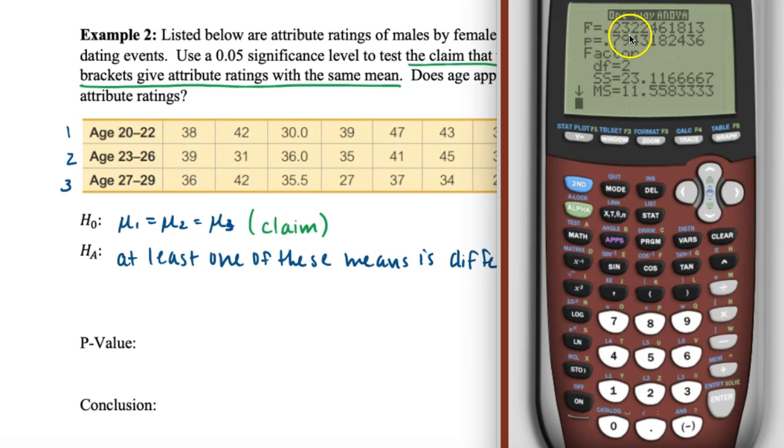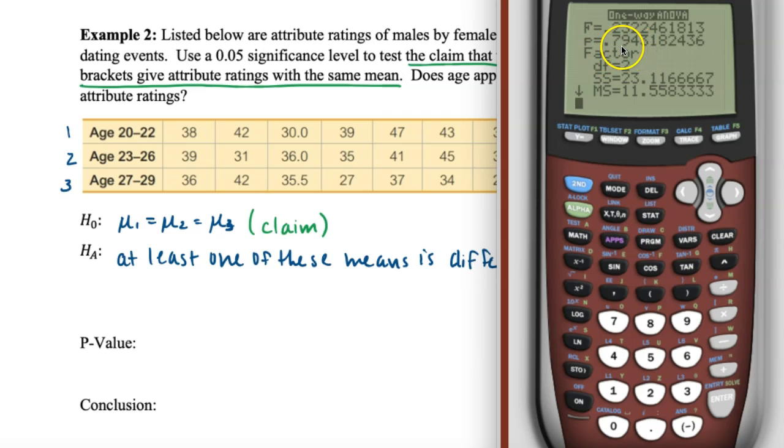And so if I look at this f-test statistic, 0.232, I can see that this is relatively small. I know that this is going to be positive. I can say that it's relatively close to 0. But this doesn't really do much for us unless we have the f critical value so that we can compare these two. And so we're just going to look at the p-value for this reason.